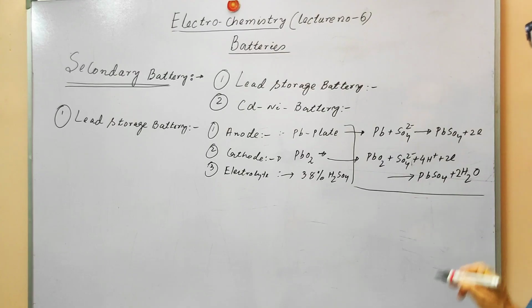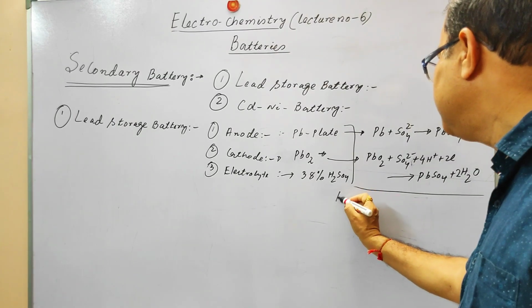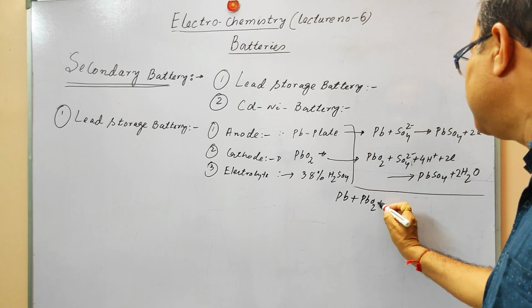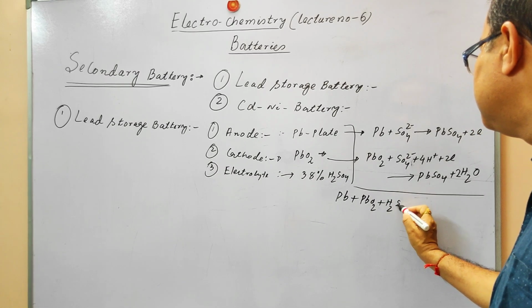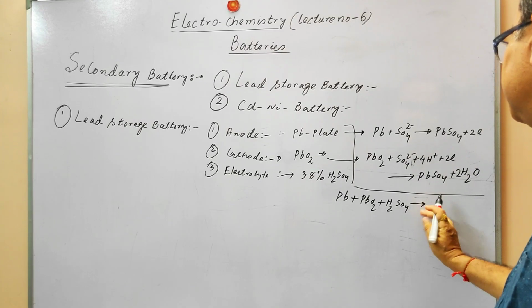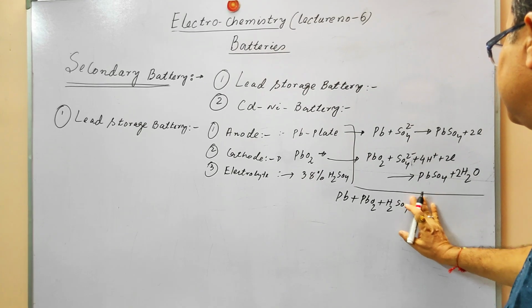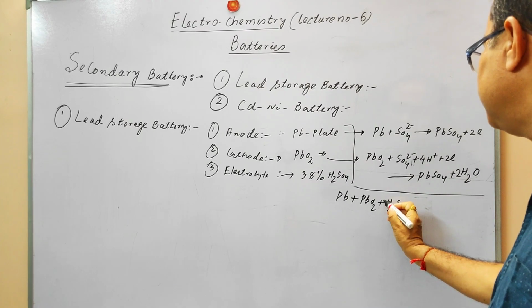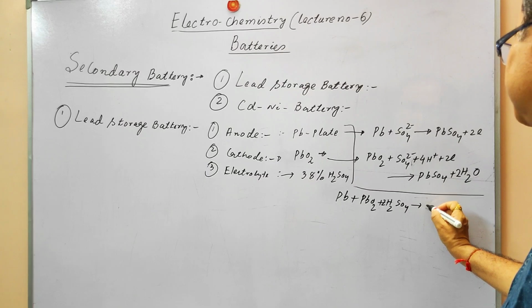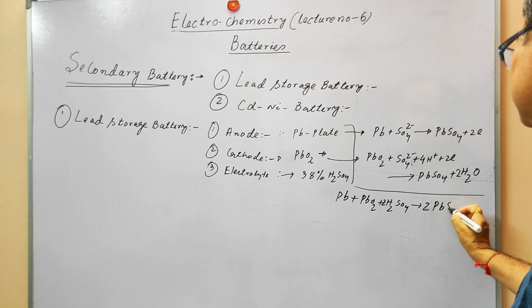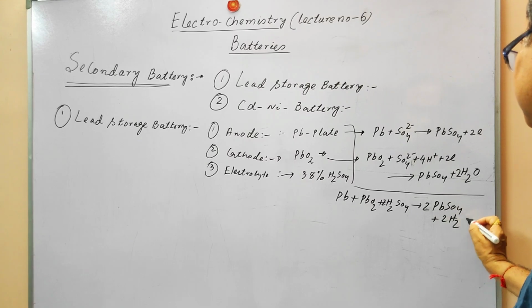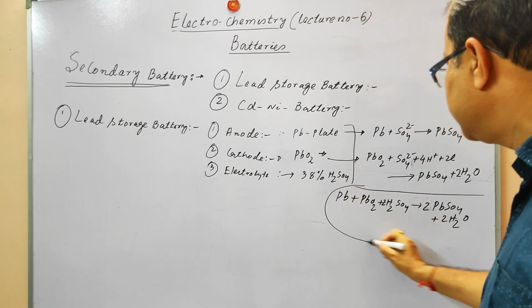That is the reaction for the cathode, and the overall reaction is Pb plus PbO2 plus 2 H2SO4 giving 2 PbSO4 plus 2H2O.